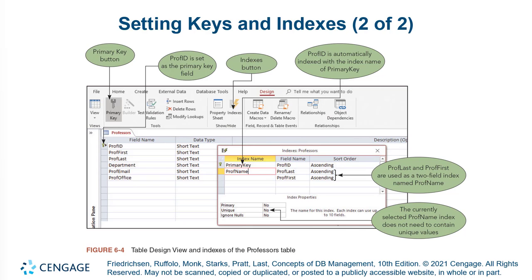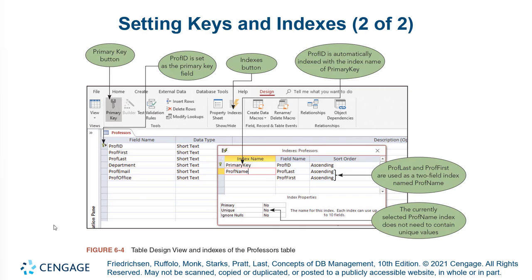And that's exactly what we're doing in this scenario here, right? Professor last name, professor first name, even together may not necessarily be unique, but they're common fields that we're gonna retrieve fairly frequently, so we're gonna create an index for them.